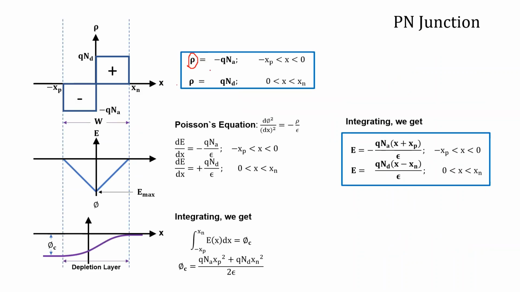So this is written here, the density of charges from minus xp to 0. So this 0 vertical line is the PN junction.